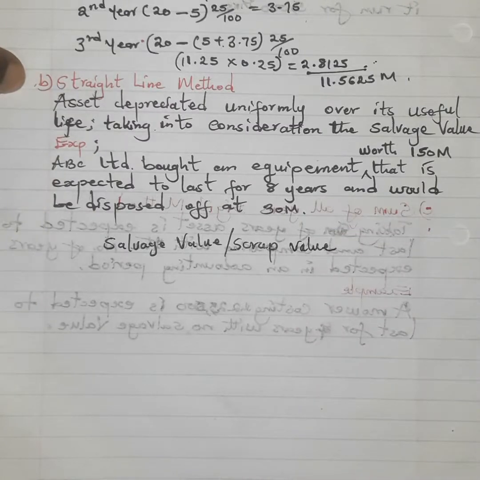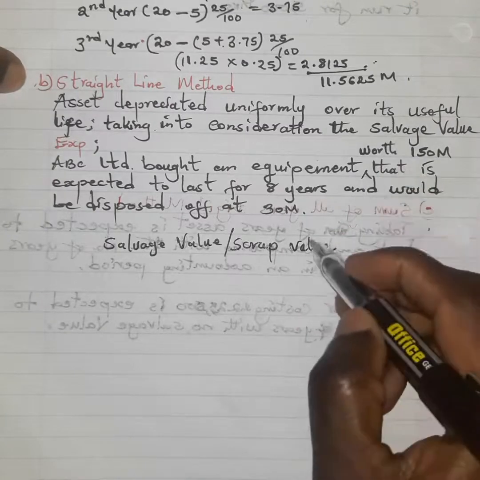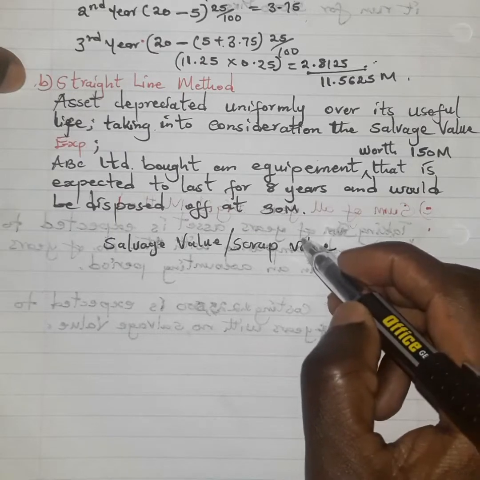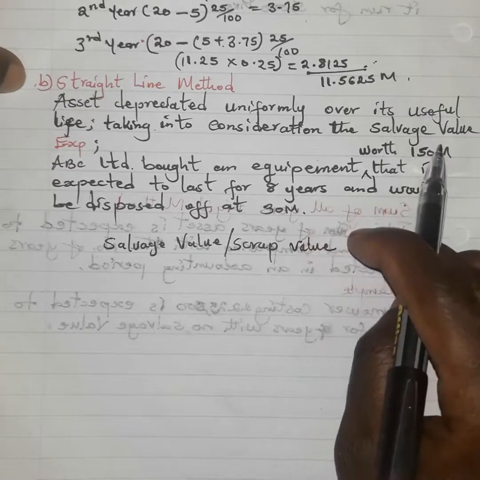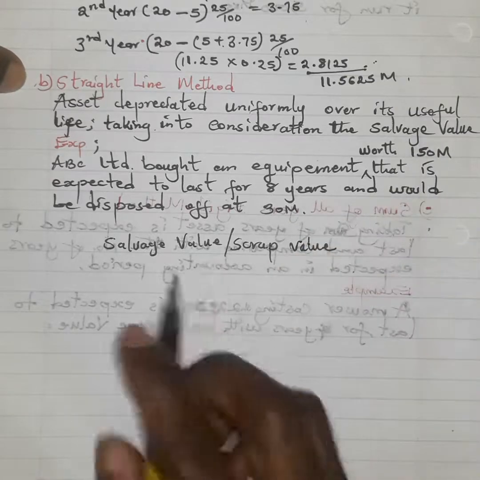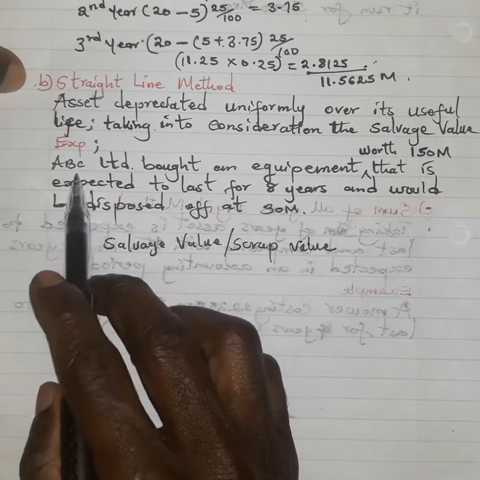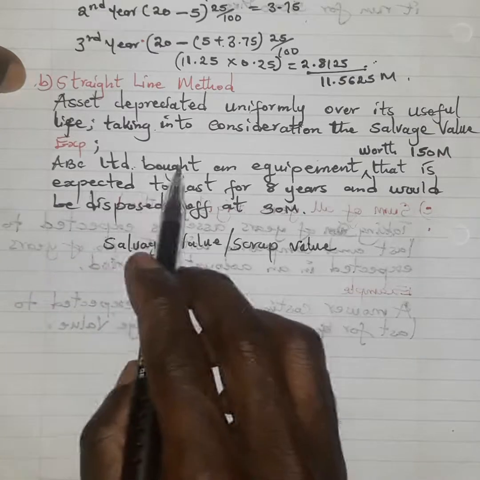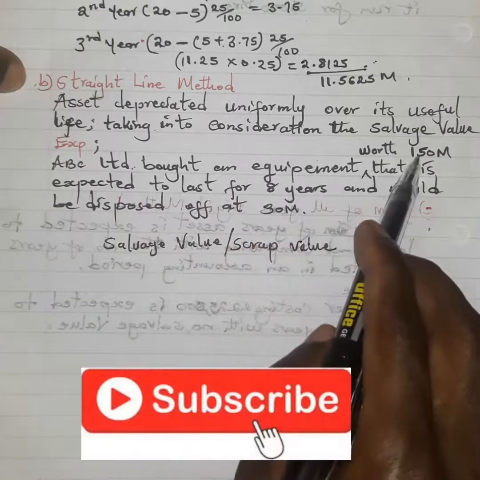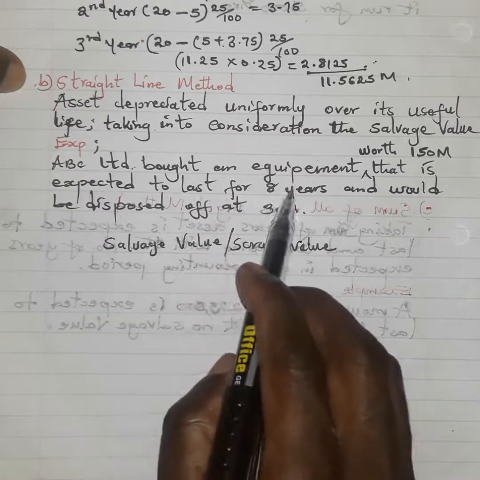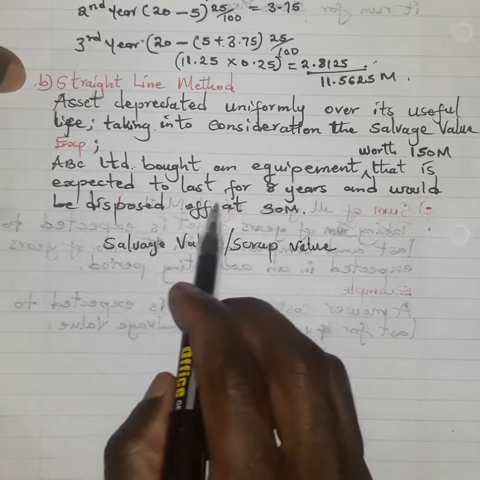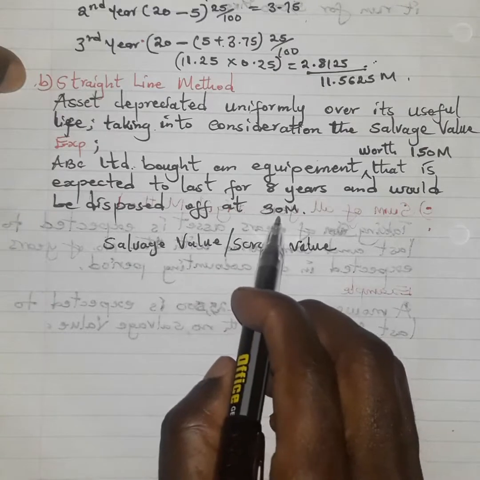Now, because we are considering the salvage value, it is supposed to be subtracted when getting depreciation, because it is a value which has not been lost. So for example, ABC Limited bought an equipment worth 150 million that is expected to last for 8 years and will be disposed of at 30 million.